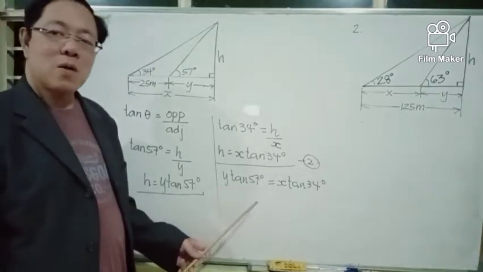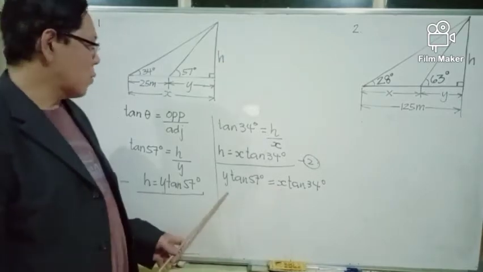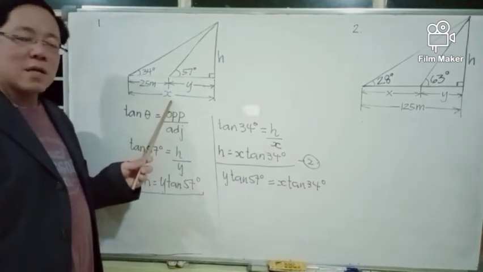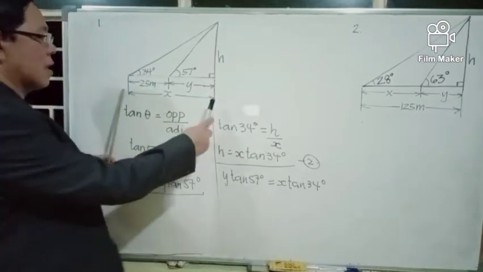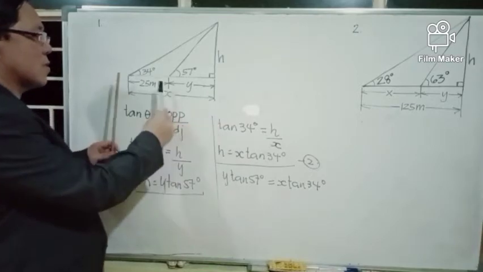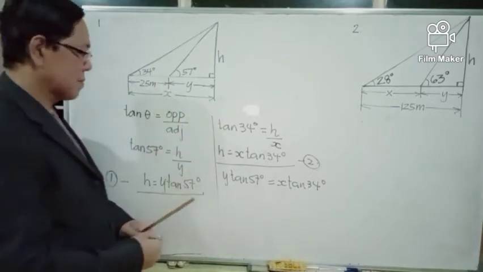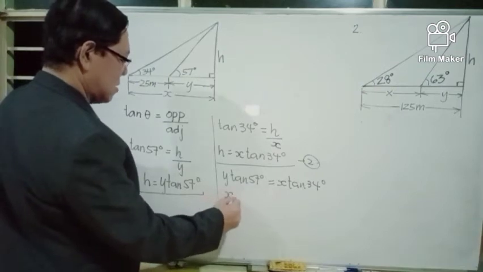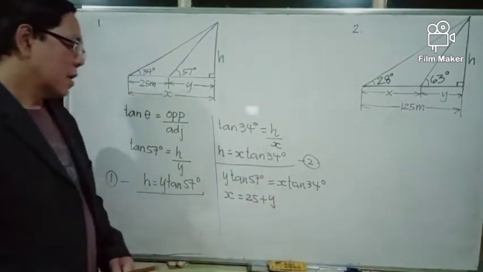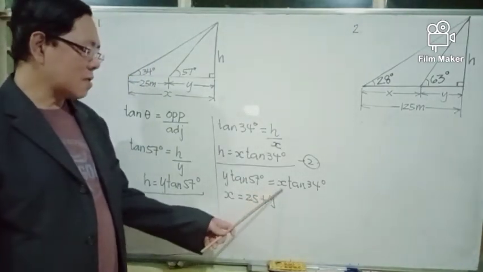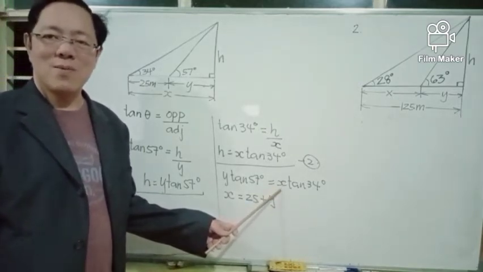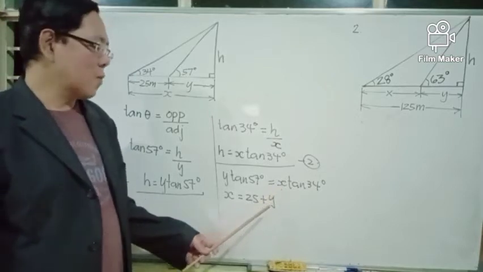Hence, we must eliminate one of these variables, either x or y, using the fact given in the diagram that x is equal to 25 plus y. Hence, if we replace x in this equation by 25 plus y, the variable x will be eliminated and we will get an equation in only one variable y.